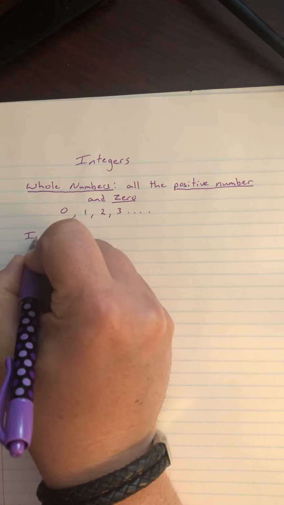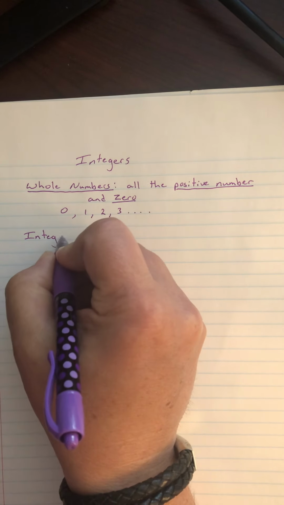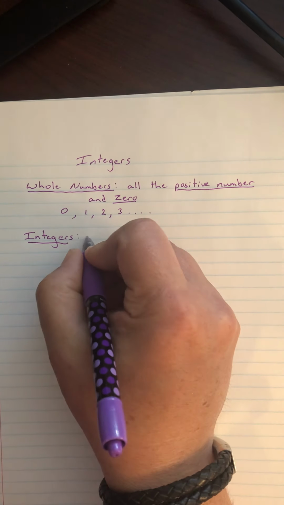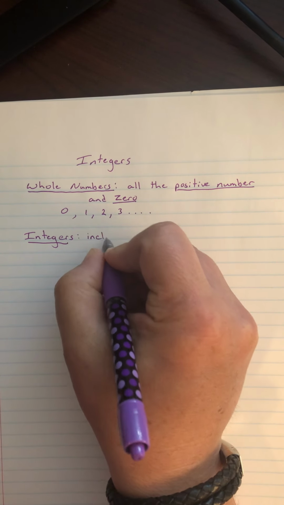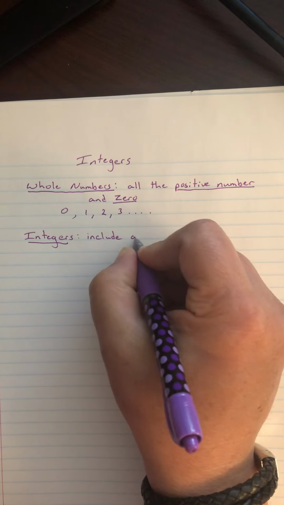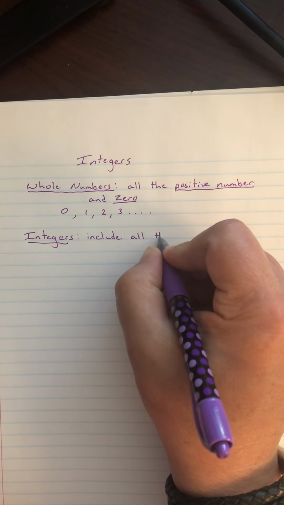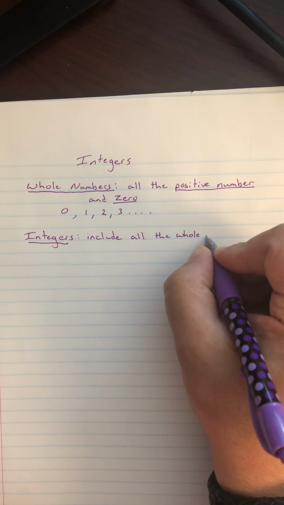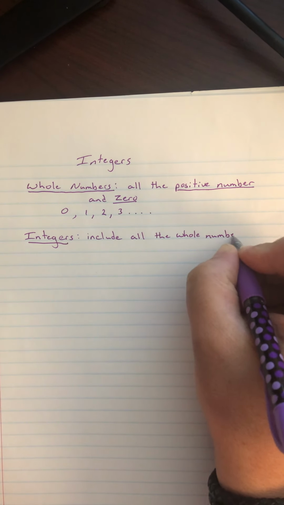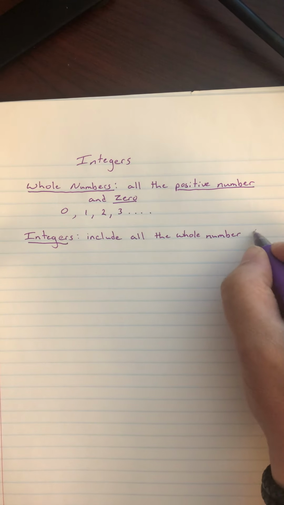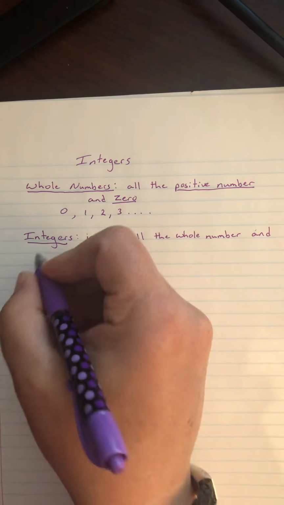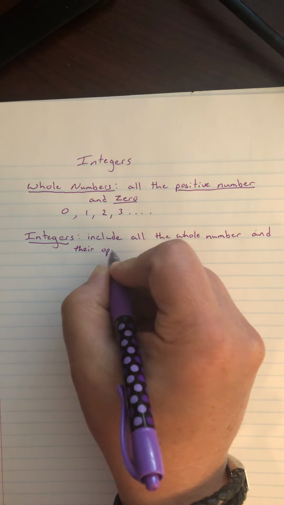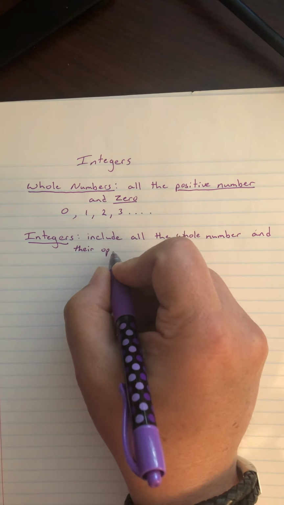Now we get to integers. And these include all those whole numbers that we've been using for years, and their opposites.